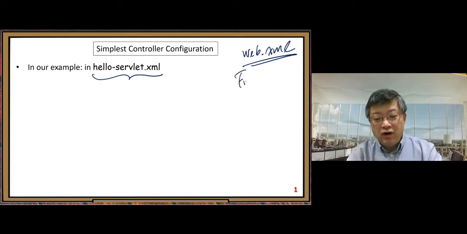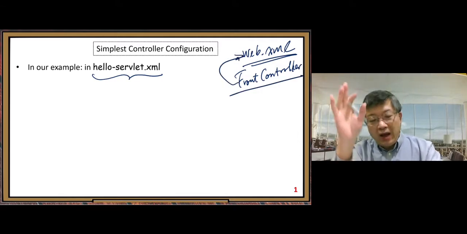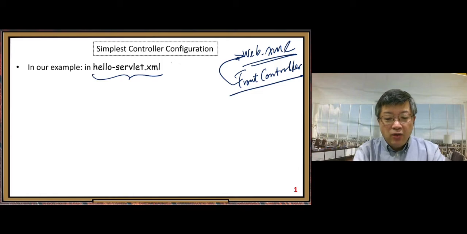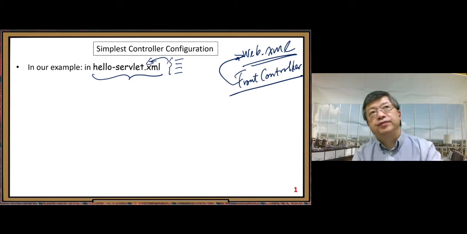So remember the front controller concept. We talked a lot about it last time. But that's in the web.xml. Other than that, all the remaining resources are configured in this file. All right?